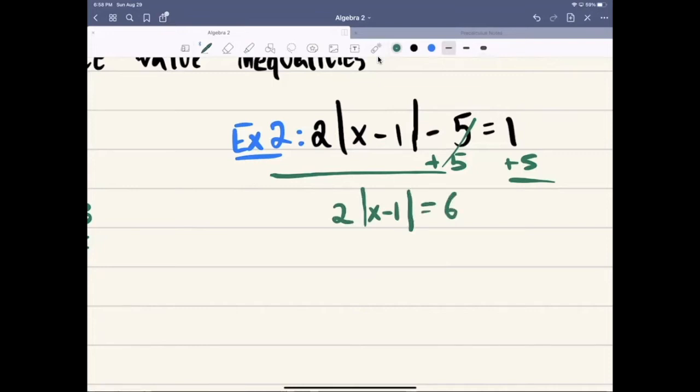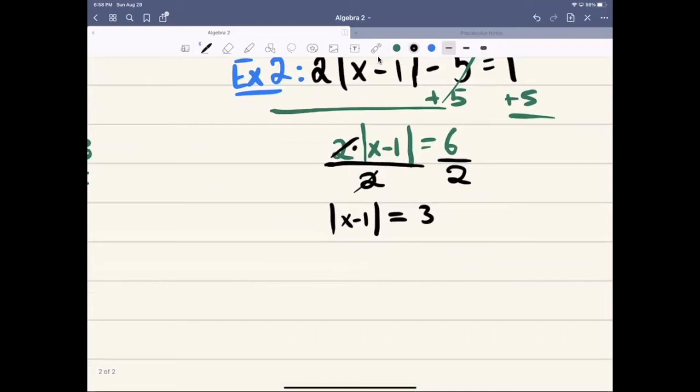The next step is to get rid of this 2 right here, because it's outside of the absolute value. Remember, it's always multiplying. So whenever we want to get rid of multiplication, you get rid of it by doing some division. So you're going to divide both sides by 2. These will cancel out, and you're finally going to get the absolute value of x minus 1 is equal to 6 divided by 2, which is 3.